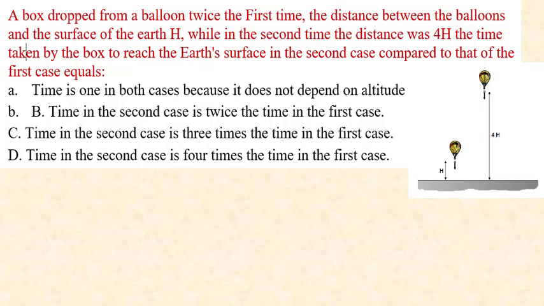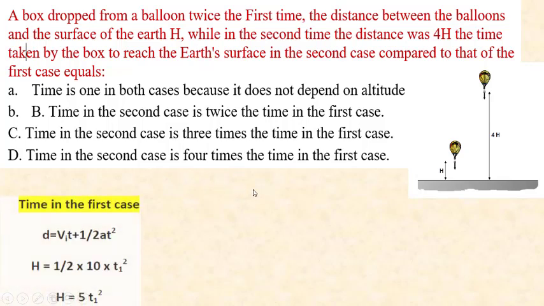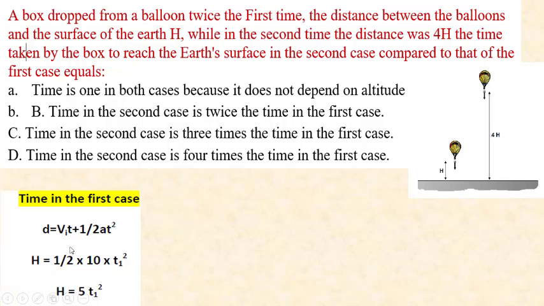The time is the same, or the time in the second case is twice the time of the first case, or 3 times, or 4 times the time of the first case. Time in the first case, I can get by the second equation of motion, d equals Vi t plus half a t squared. The displacement is the height, so h equals half times ten times t1 squared.